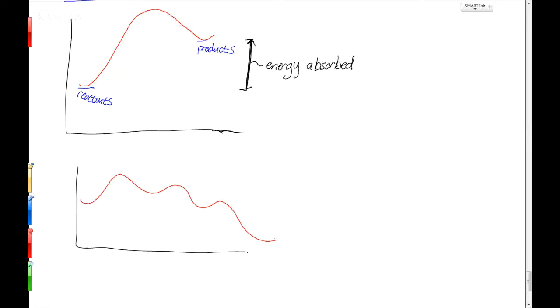So you could have something that looked like this, which is still going to be overall what? Is this exothermic or endothermic overall? Yeah, this is exothermic because the energy is being released. You're going down to a lower energy. But this is an example of a reaction that has some intermediates, and it has to do some other stuff before it gets from reactants to products. And there's all kinds of different ways that can happen.